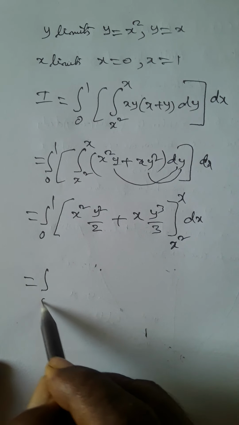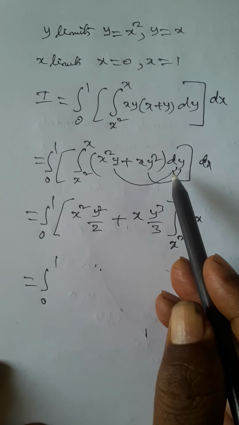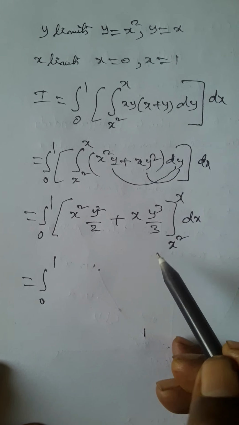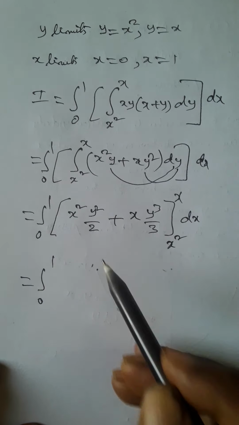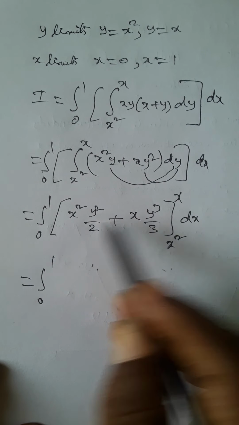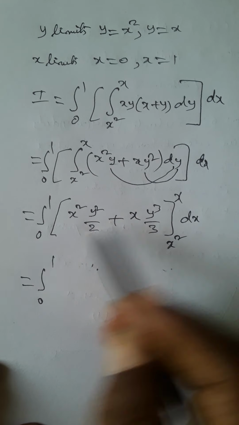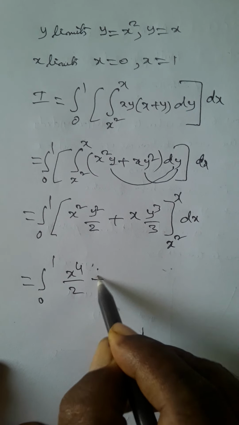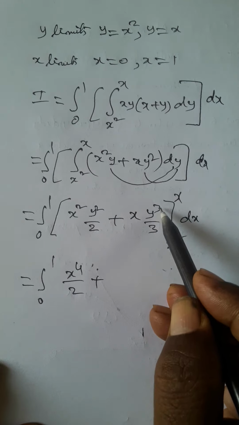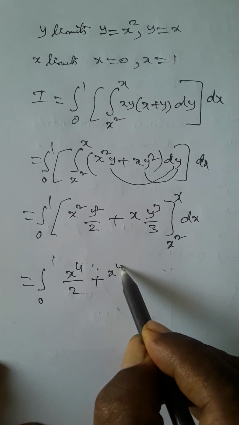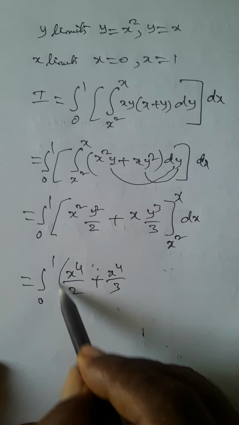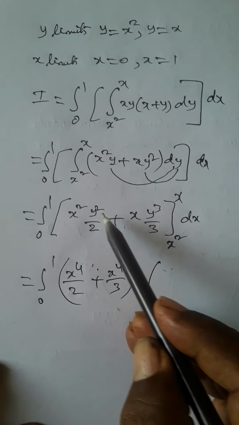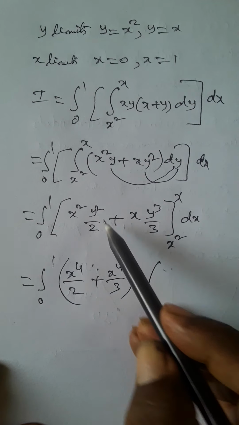Here the integration is with respect to y, so you substitute the upper and lower limits instead of y. Put y is equal to x here, the upper limit. So x square into x power of 4 by 2, plus x into x power of 3 by 3, this is your upper limit, minus the lower limit. Put y is equal to x square.